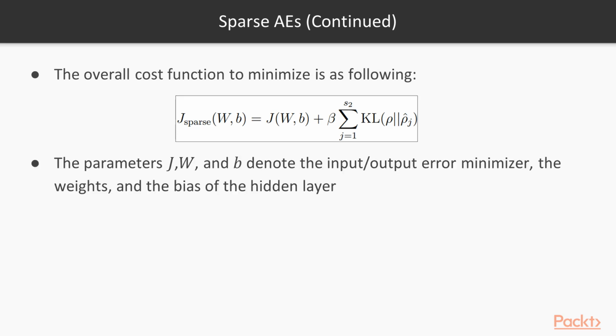The parameters J, W, and b show the input-output error minimizer, the weights, and the bias of the hidden layer. By minimizing this total cost function, we would be able to find the weights and the bias values that would provide us with the sparsest hidden layer. We have successfully completed the theoretical points about autoencoders.